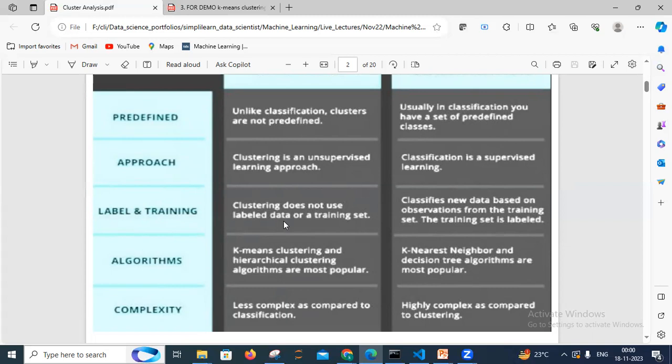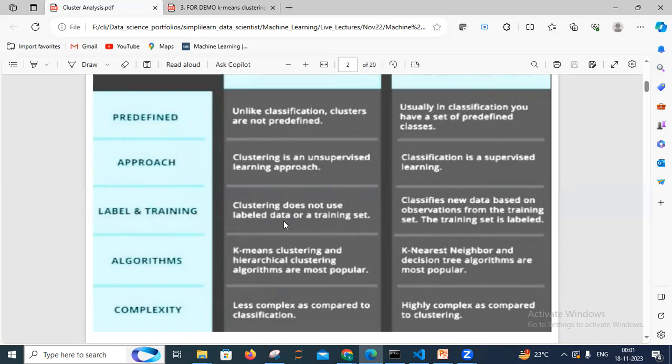There is no training record, no training set, no label data in the clustering method. But in classification the observations will be there, and it classifies new data based on the observations from the training set. The training set is labeled. So that is the reason classification is a problem statement of supervised learning.